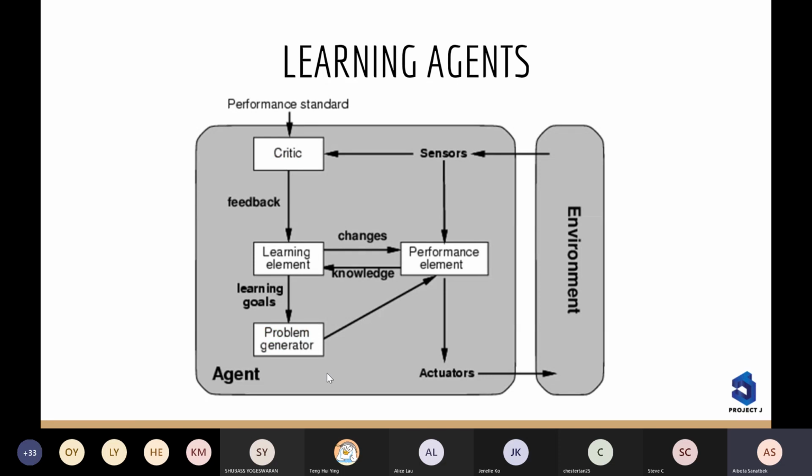So the problem generator will tell the learning element if it has reached its goal or not, or what it can do to improve its further performance, or what new inputs it can take.